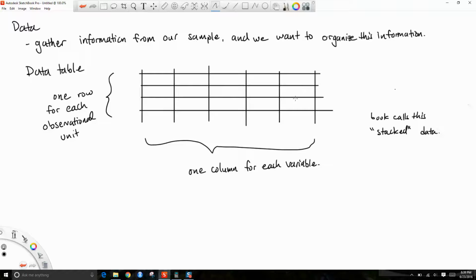Okay, and so we can imagine gathering information on a random selection of people. So we can have name and their sex and their height, weight, maybe hair color. Okay, so this is like stuff on your driver's license, right? Okay, and so maybe we have Adam and Bill and Christine.